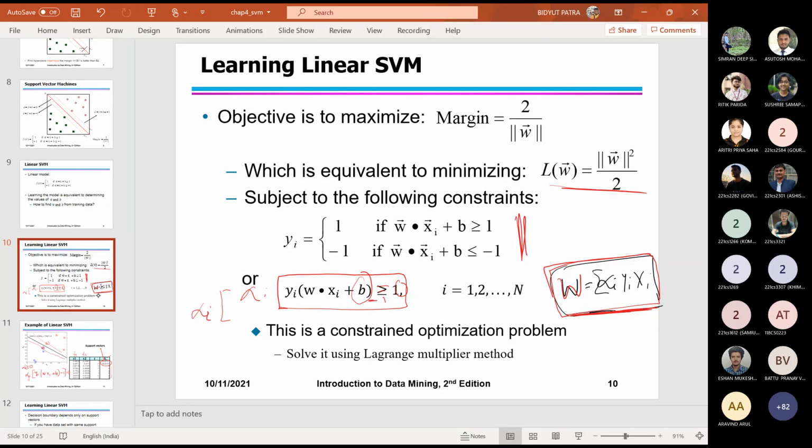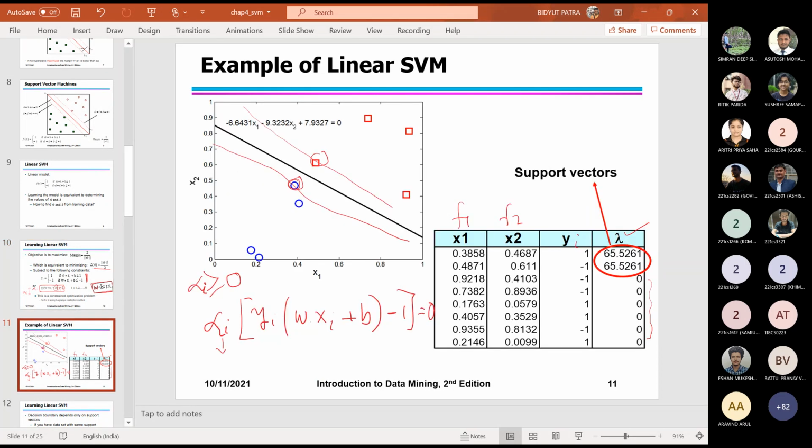Once we compute it, then easily we can find from here, if alpha is not equal to 0, then obviously this should be 0, and from here we can find the value of yi, and then we can easily find the value of b. Okay, so that is the objective in today's class, that how we will find the decision boundary and the value of w.